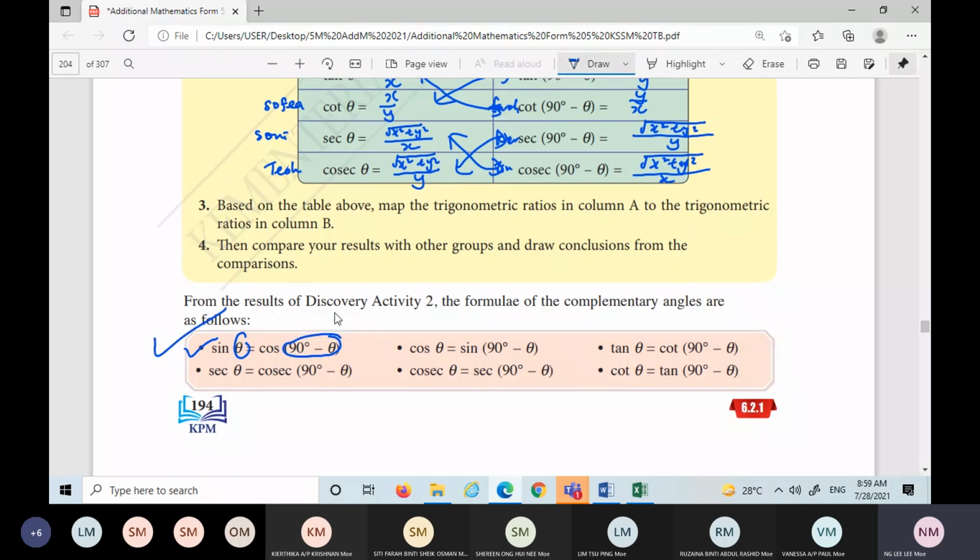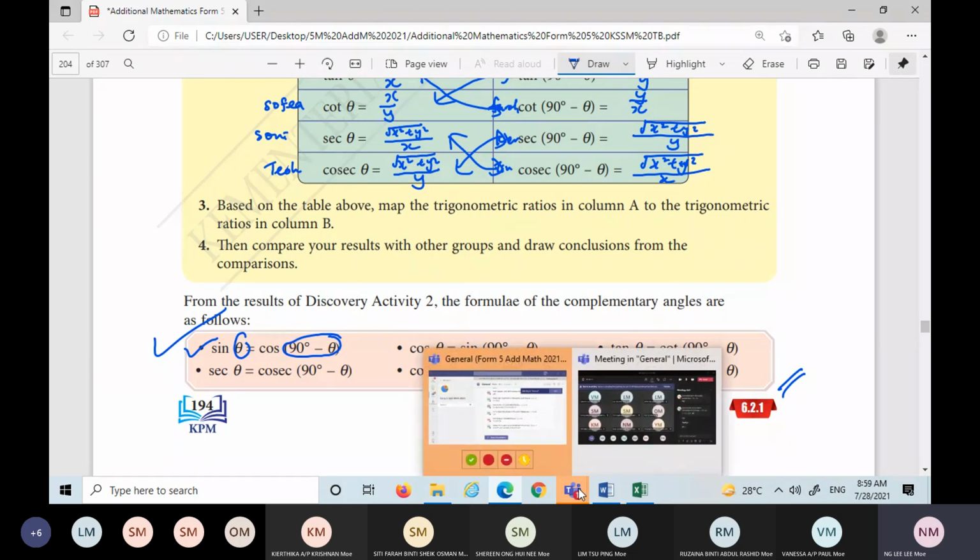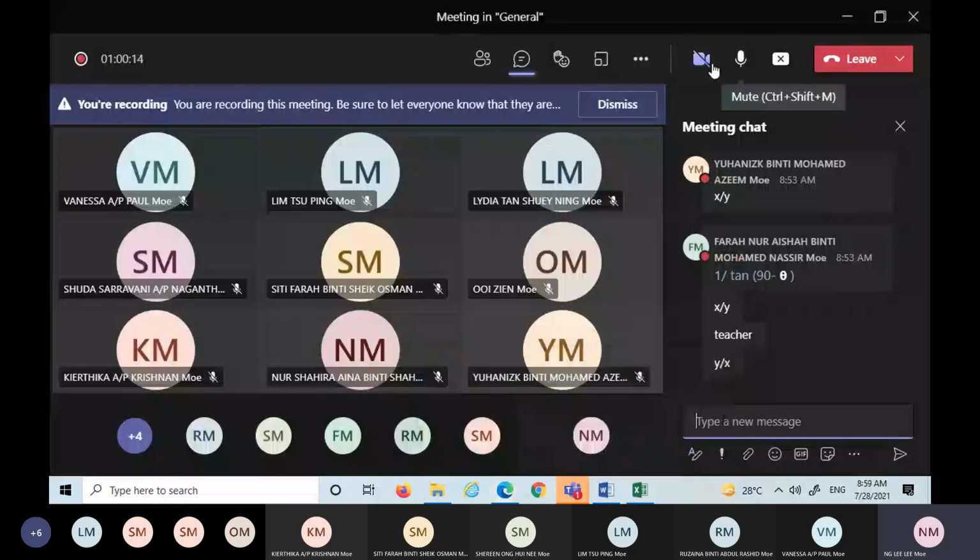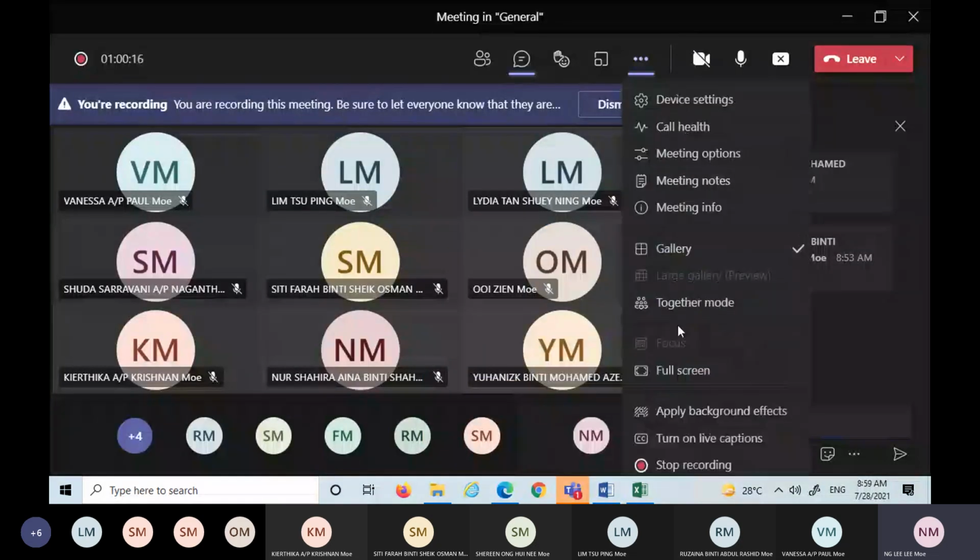Same thing, these 6 are not given in the formula list. I want you to copy this and find a way to memorize it. I think that's all for today. There's no homework today because I can't finish two more examples, which are very important for doing the homework. So I will stop here, but you wait for a while.